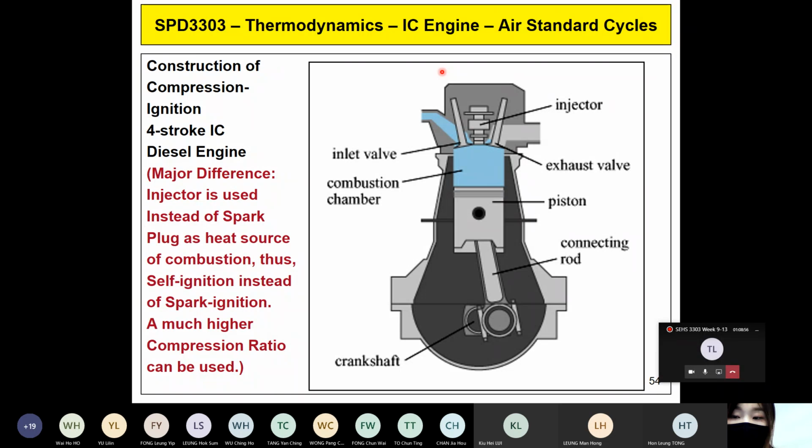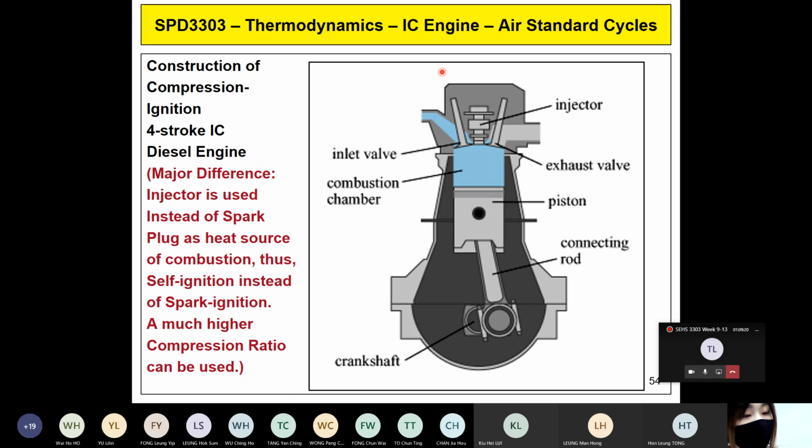The major difference is that the diesel engine uses a self-ignition system, or we call it a compression ignition system, while the gasoline engine uses a spark ignition system.